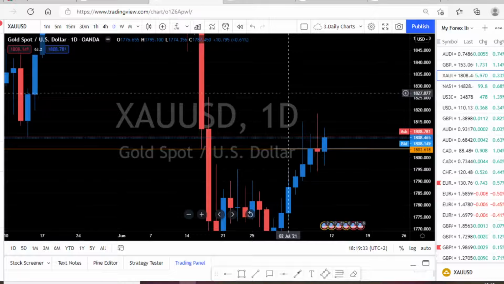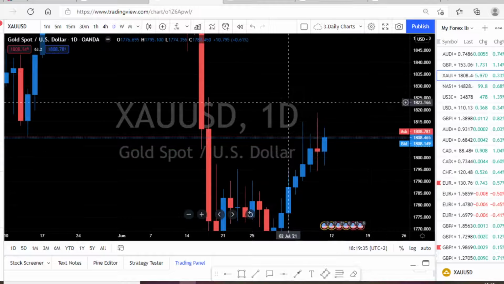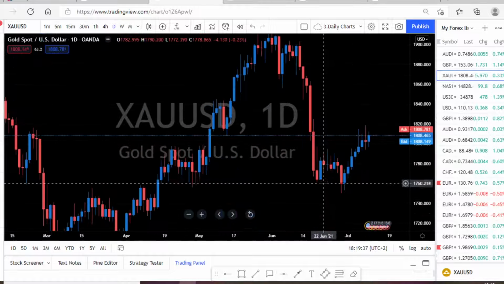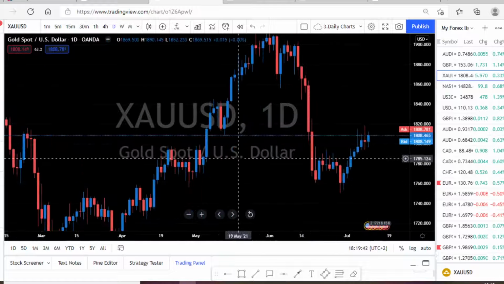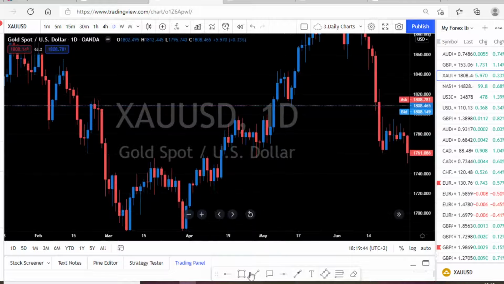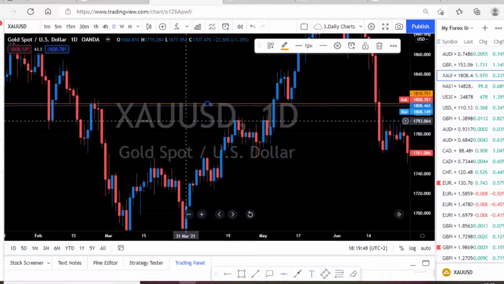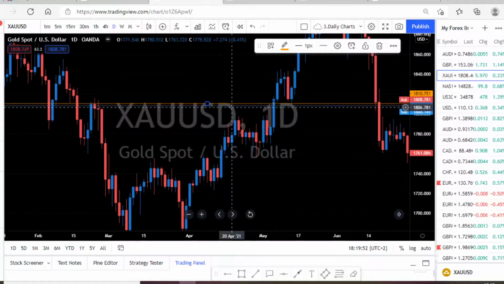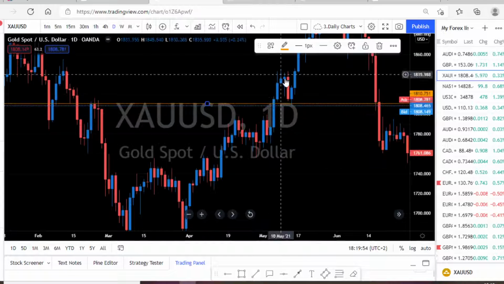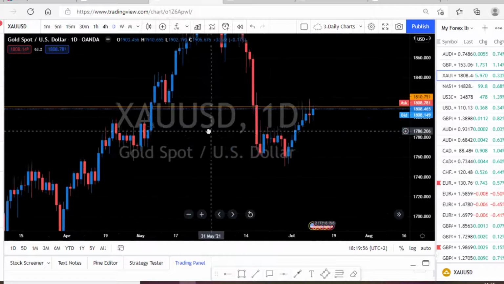Let's remove this analysis right here and try to get something that will give us an idea. I can say that we have this area right here, the area of reference. We have a resistance, we have a fake out here, then we have a support, breakout, retest, a support.